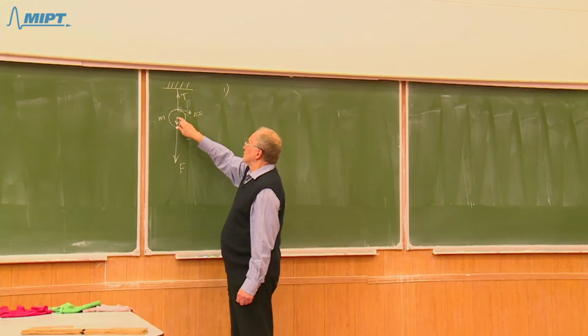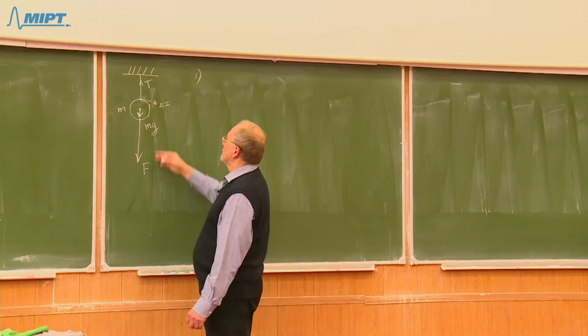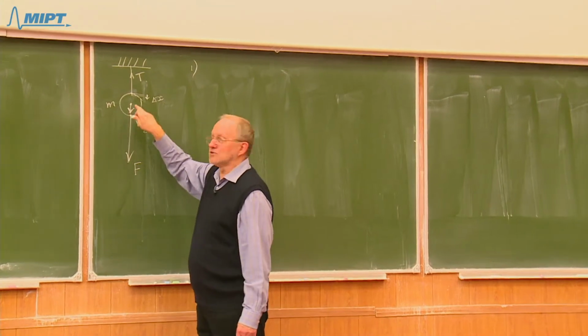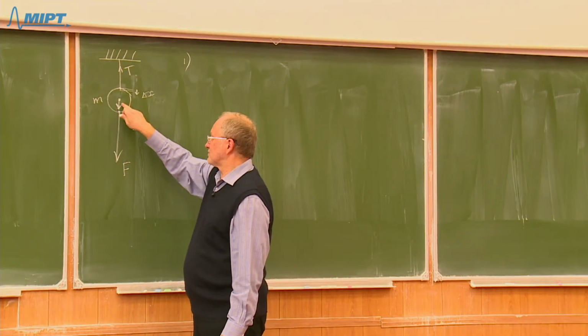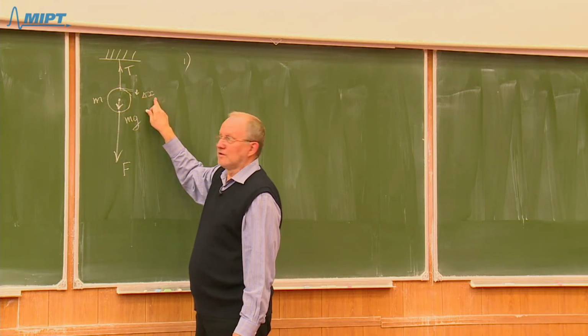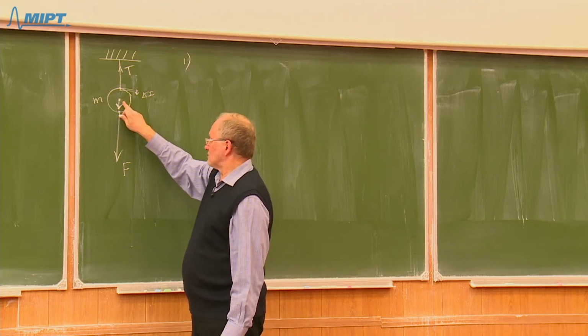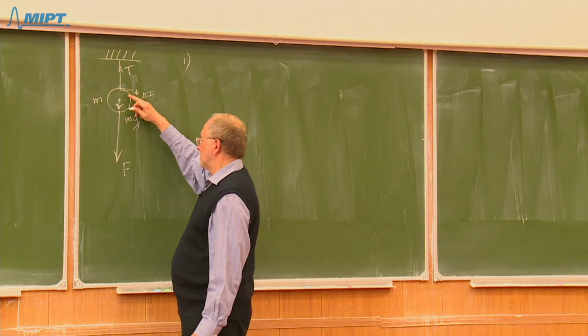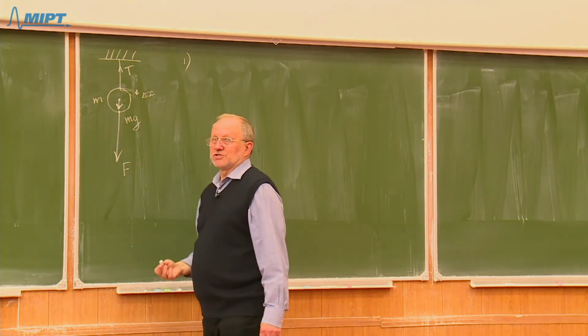If this ball goes down by a small distance in some time, then there will be a velocity and there will be an acceleration of this ball. Regardless of the fact that delta x is very small, there will be an acceleration, because that displacement of the ball takes very short time.